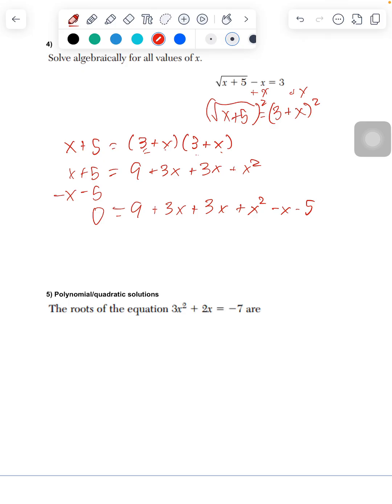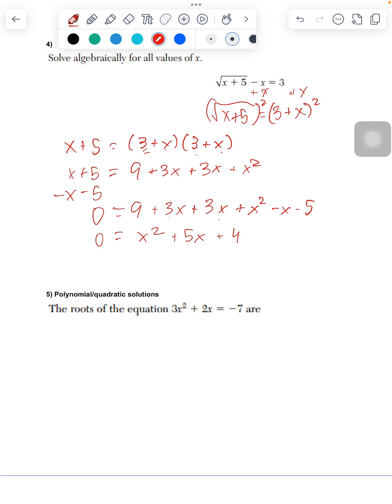Combining like terms, 0 equals x squared, I'm going to put the x squared up front, plus 3x plus 3x is 6x, minus x is 5x, plus 9 minus 5 is 4. So plus 4. We could use the quadratic formula to solve, so if that's more comfortable for you, use it. But this one is really easy to factor, so I'm going to do that for this one.